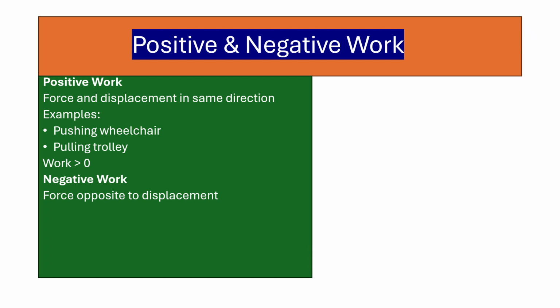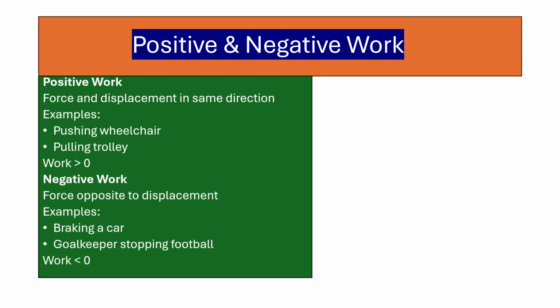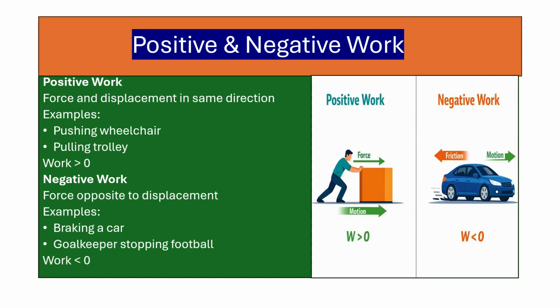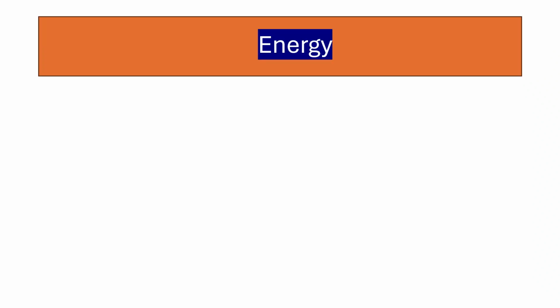That is when force is opposite to displacement, for example braking a car or a goalkeeper stopping a football. So here work is less than 0. You can see on the screen, for positive work, the force applied and the motion are the same, so work done is greater than 0. For negative work, friction and the motion are in opposite directions, so work done is less than 0.